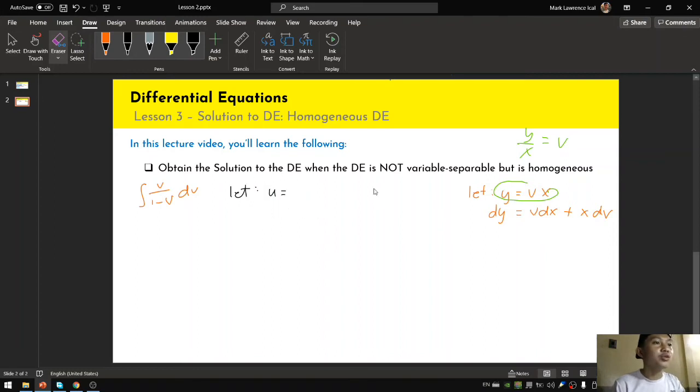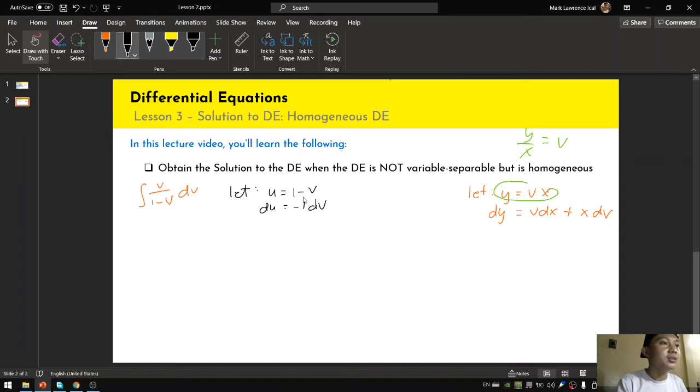This is not useful for you. But if you choose a different u, different story na rin. Because du is equals to 0, then 1. So, minus, mali pala ako kanina, minus 1 dv.